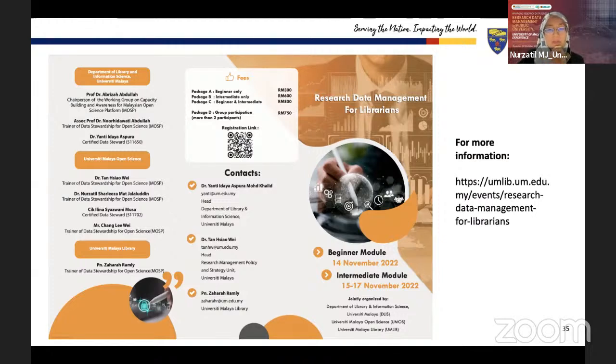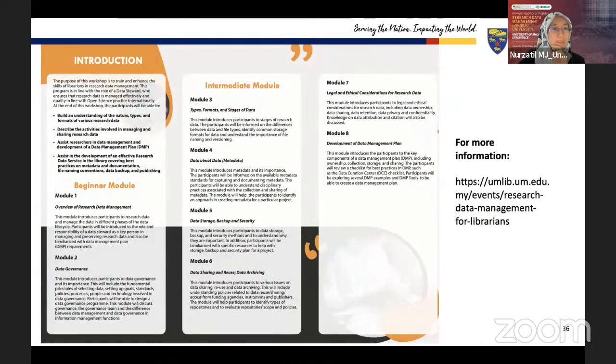I think this is a physical workshop for several days, but it pretty much summarizes the key components of RDM. So if you're interested to join the workshop, please feel free to go to the UM Library website and search for Research Data Management for Librarians.